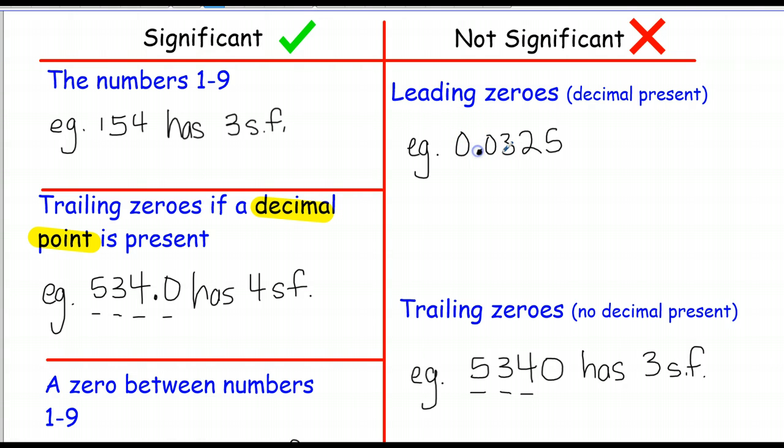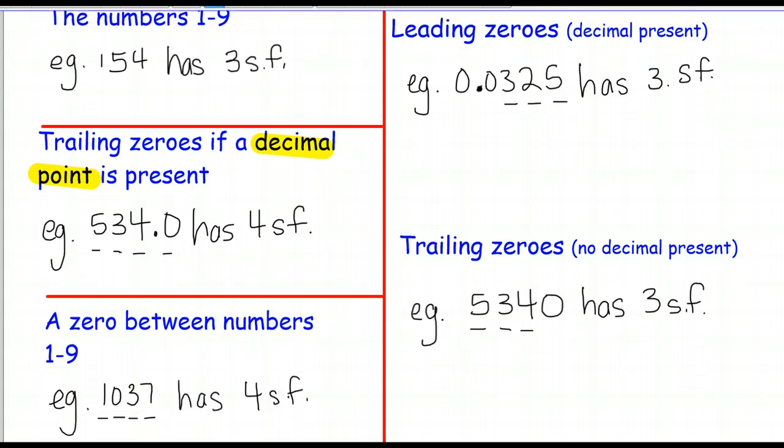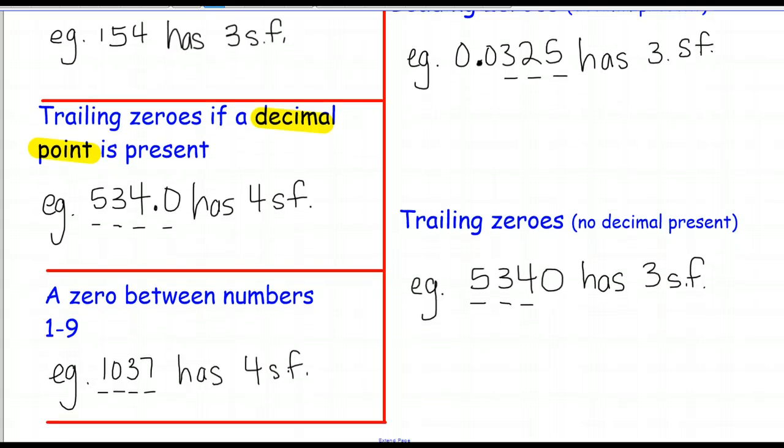So 0.0325, these 2 zeros don't count, because they're leading zeros, and these numbers do because they fall under this category, right? They're numbers between 1 and 9. So this number has 1, 2, 3 significant figures. Okay, so that sort of sums up the rules on whether numbers are significant or not.